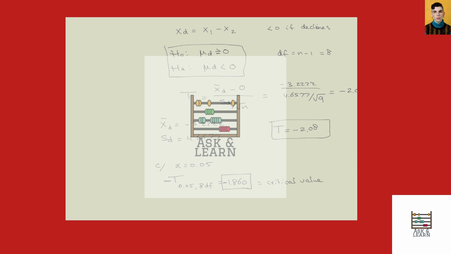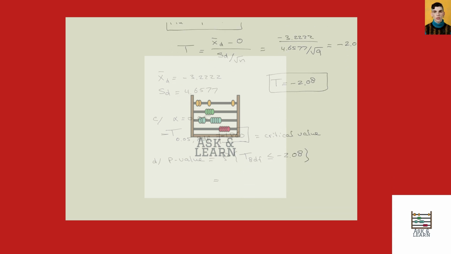And then for D, we want a p-value. Well, the p-value is the probability that T with 8 degrees of freedom is less than or equal to negative 2.08.